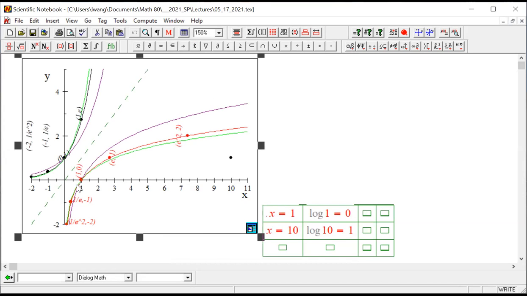And these two dots should connect. That's for common log x, right? So if we connect these two dots, your conclusion is right.